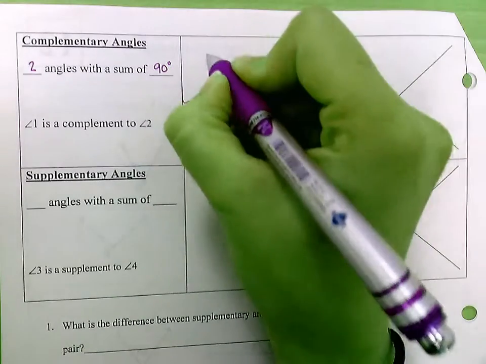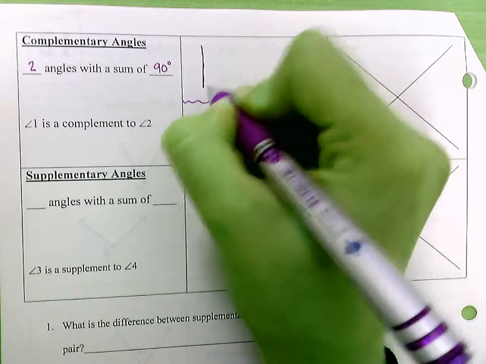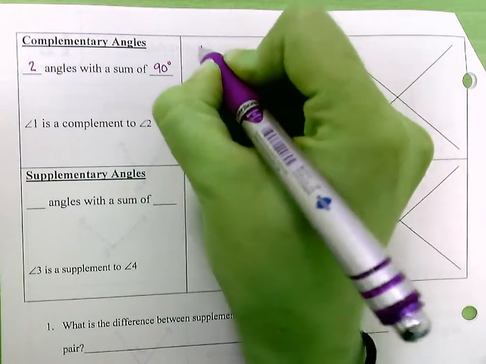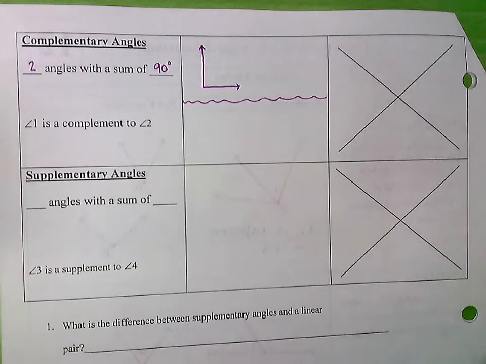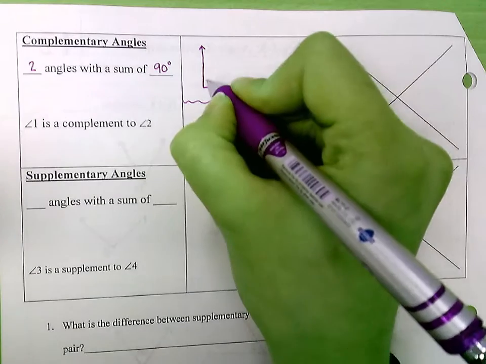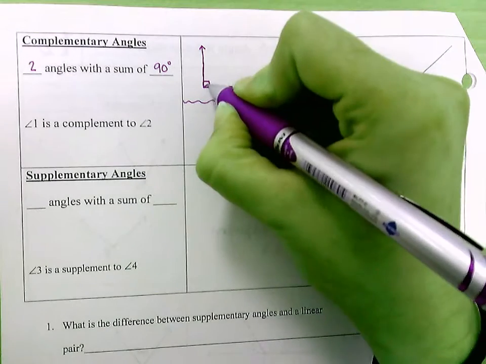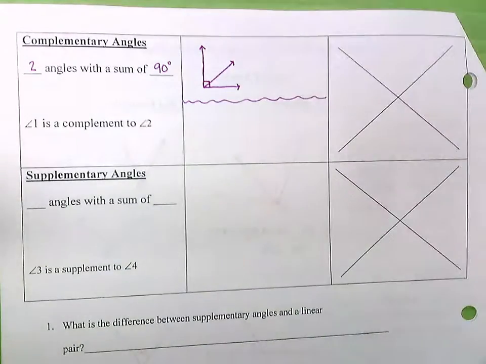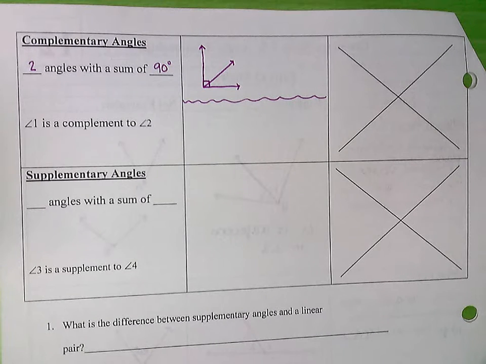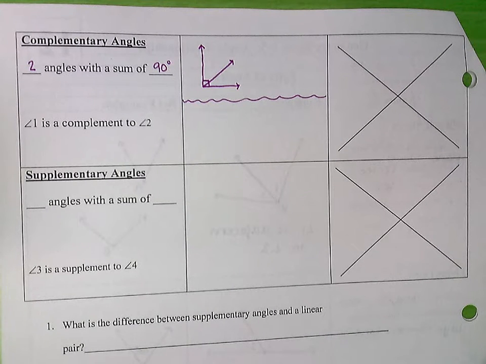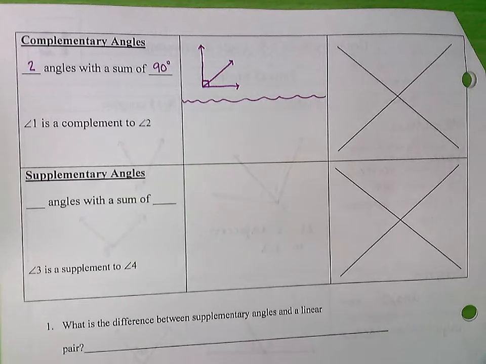So we can have our two angles. I'm just going to draw a 90-degree angle first, with that box in the corner. I'm going to draw a ray through that angle. So now I have two adjacent angles.